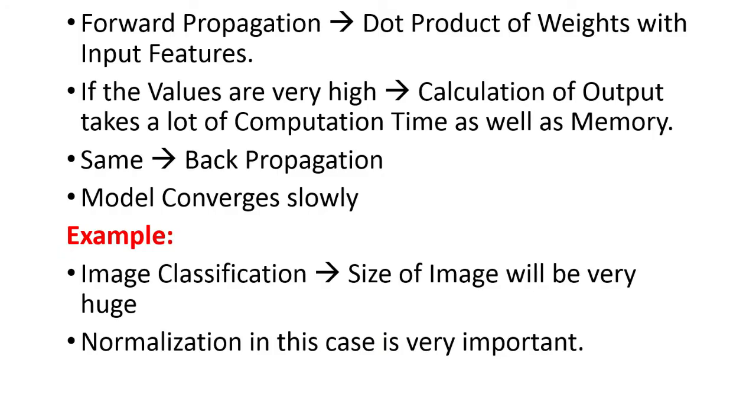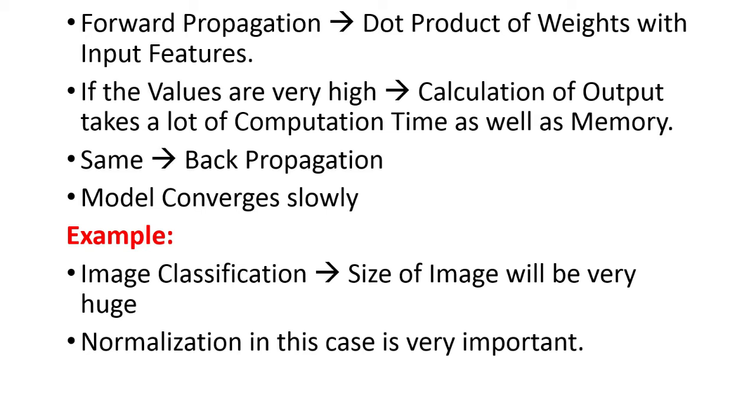Forward propagation of neural networks involves dot product of weights with input features. So if the values are very high, for example, image and non-image data, calculation of output takes a lot of computation time as well as memory. Same is the case during backpropagation.